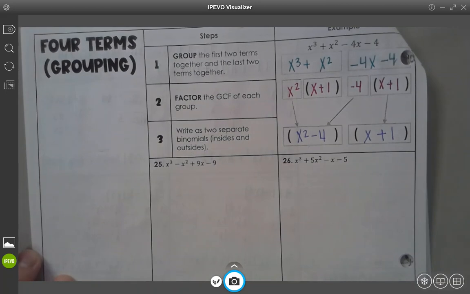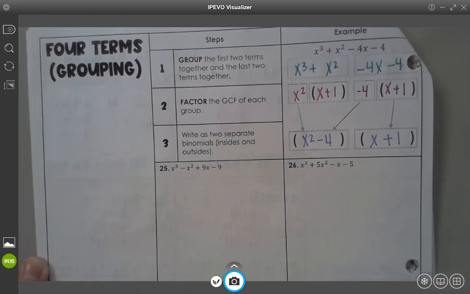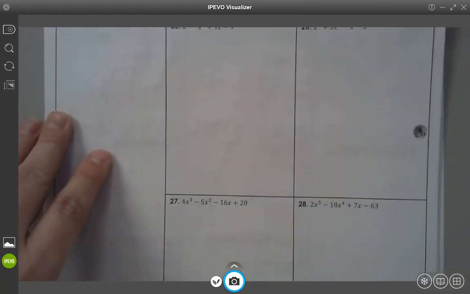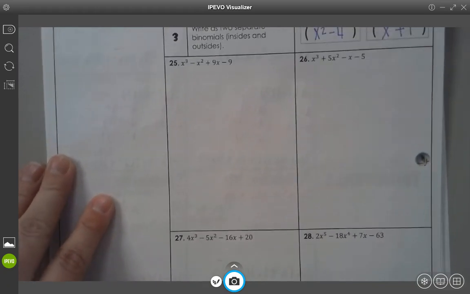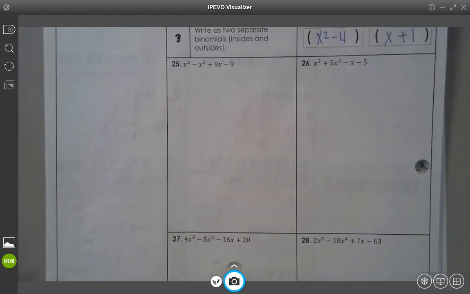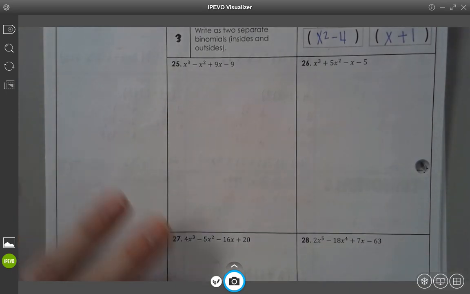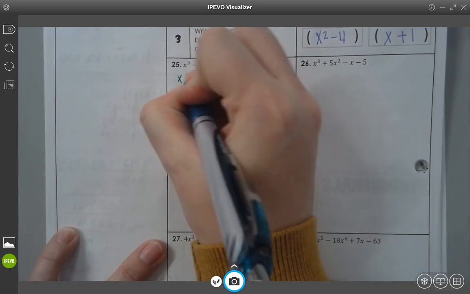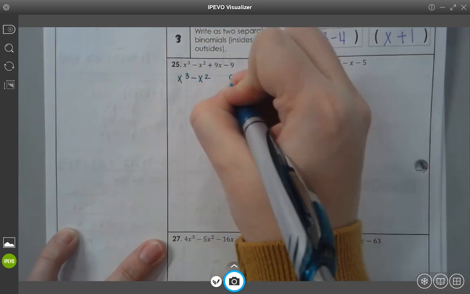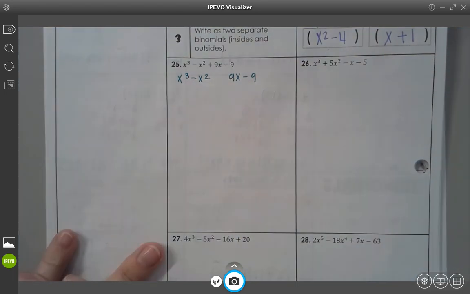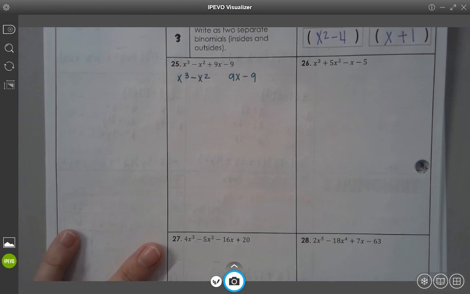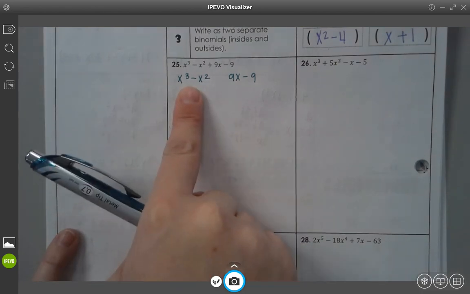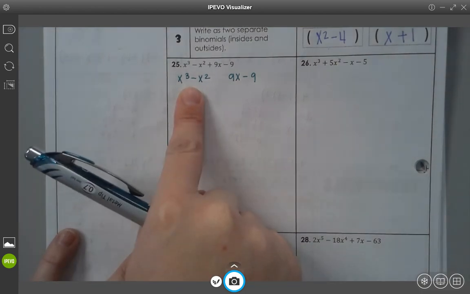So let's do some examples. And now on these examples, we will factor them completely if there is some more factoring that can be done. So we have x cubed minus x squared and 9x minus 9. What is the GCF of this one?